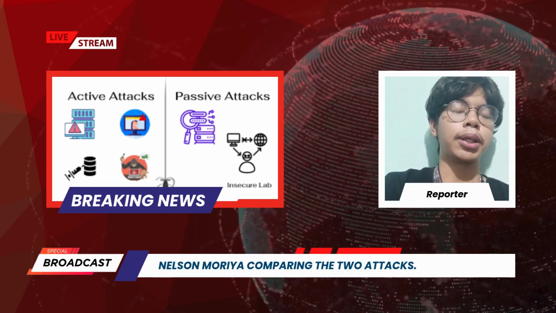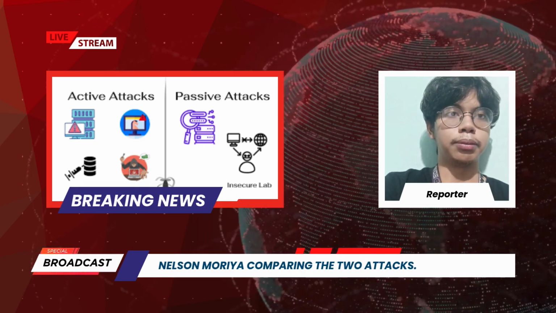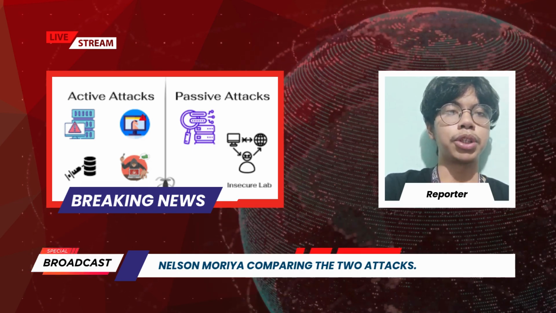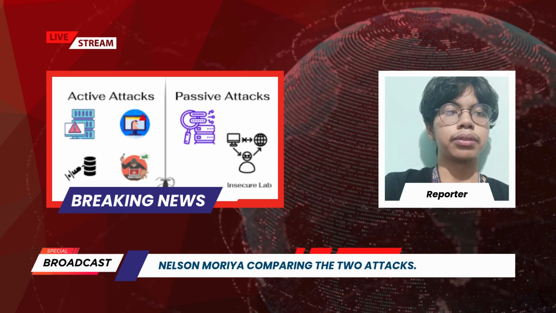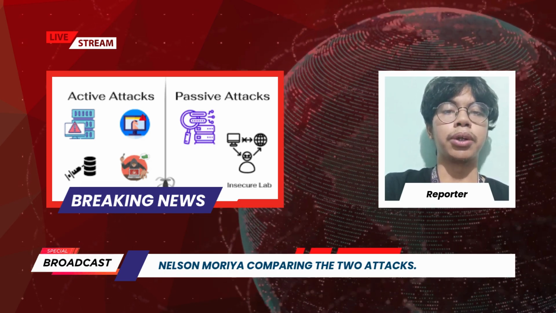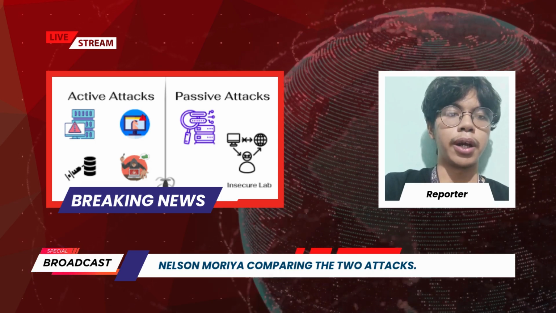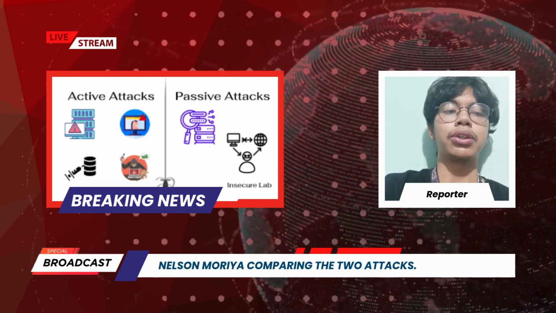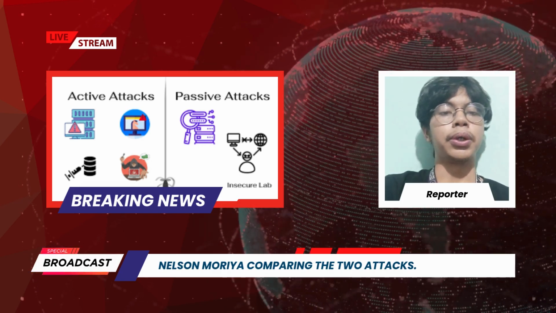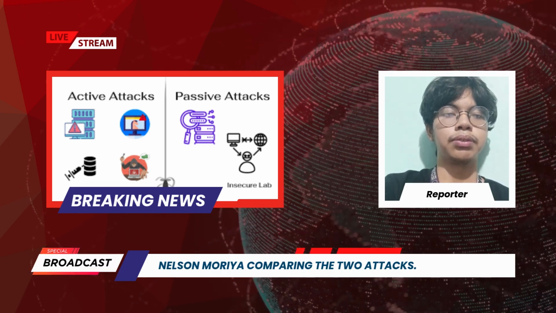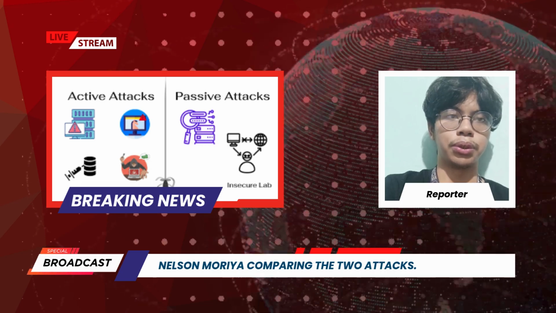So, passive and active attacks differ in their approach and impact. Passive attacks aim to gather information without altering the system, making them harder to detect, such as eavesdropping or traffic analysis. Active attacks, on the other hand, involve modifying or disrupting systems, like data tampering or denial of service, and are easier to detect due to their nature.